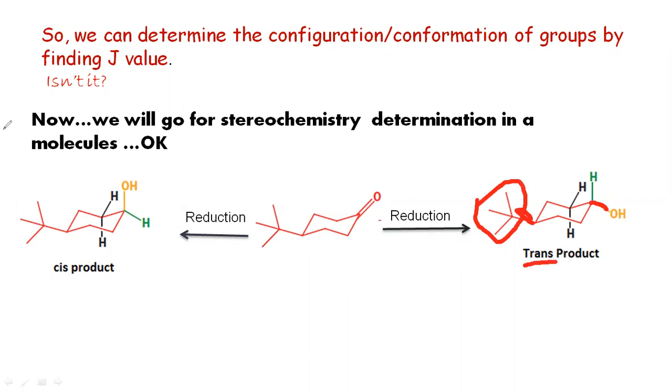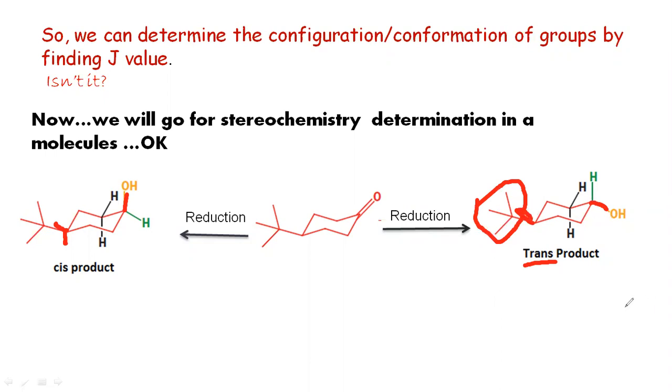Why is it a cis product? Because this OH bond is pointing upward, and this bond is also upward, while another bond is going down, axial. So this bond is going upward and this also upward, therefore they are cis. And here one is going upward and the other is going down.